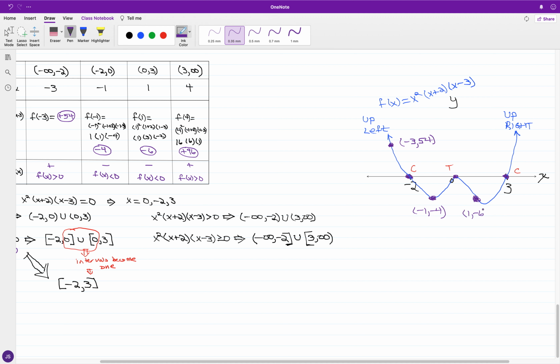I'm not drawing this according to scale, but you have (-3, 54) as a point, (-1, -4) as a point, (1, -6) as a point, and then we got (4, 96). Again, I'm not drawing this to scale.